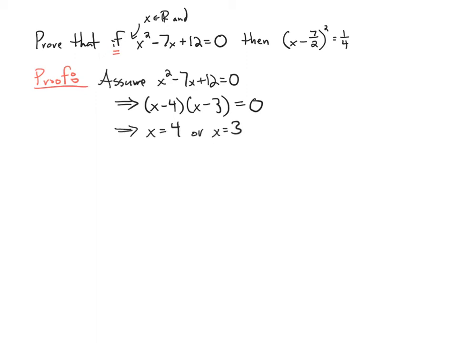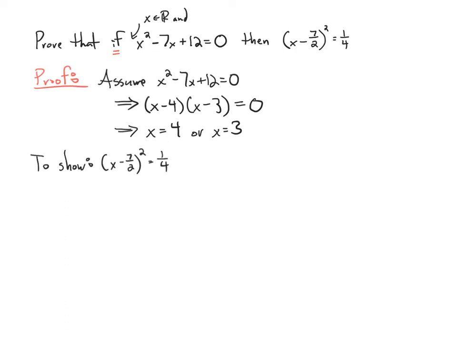So this tells me that either x equals 4 or x equals 3. There's two different cases here. And remember, we have two numbers, x minus 4 and x minus 3, that multiply to give you 0, which means one of these must be 0. So x is 4 or x is 3. So we want to show that this expression, (x minus 7 halves) squared, equals a quarter.